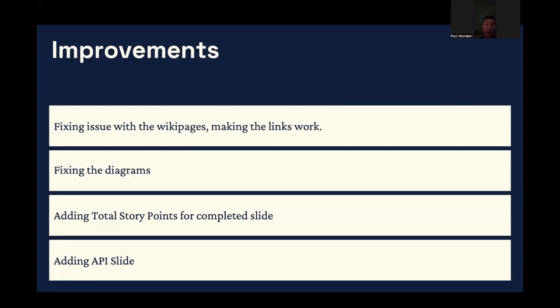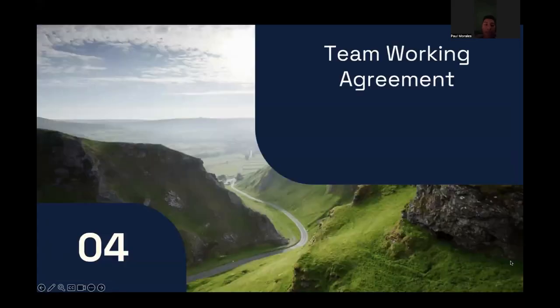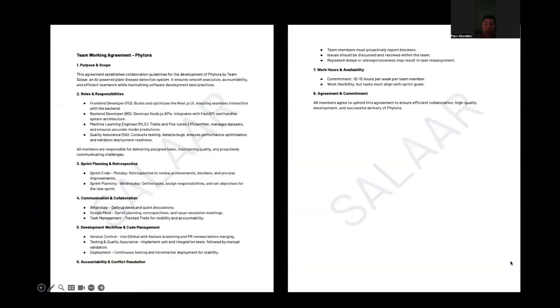So we had issues before with making them horizontal when they should have been vertical and vice versa. Next improvement was adding total story points from completed slide. We had to make adjustments to how many story points we were going to follow during this project. And finally, adding an APA slide into the team working agreement.